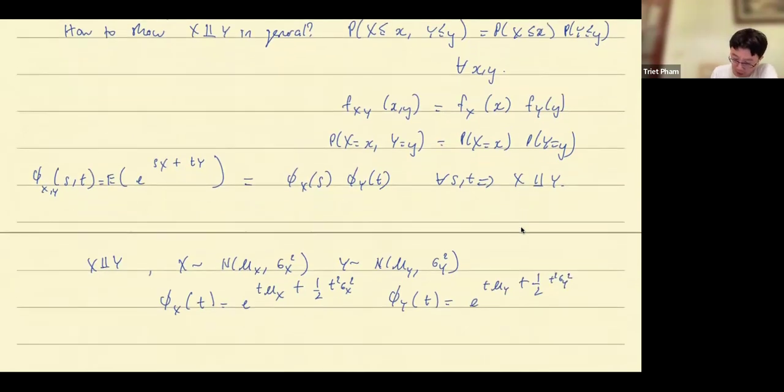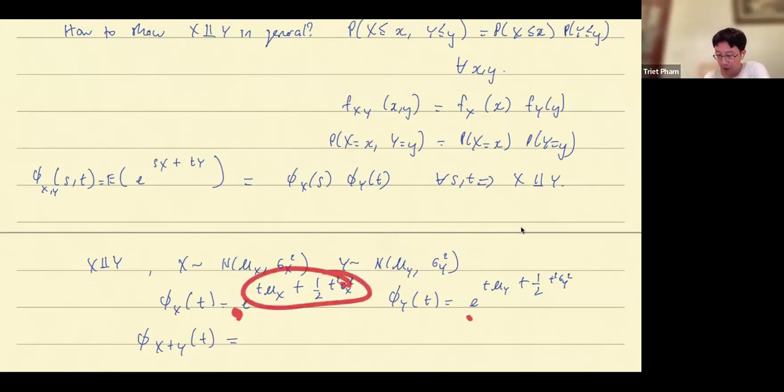Then the moment generating function of the sum X plus Y, because they're independent, will be the product of the moment generating functions. But you see, if you multiply these two exponentials together, the exponents add.